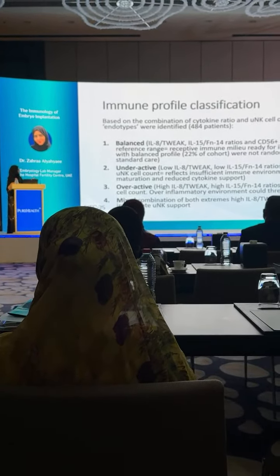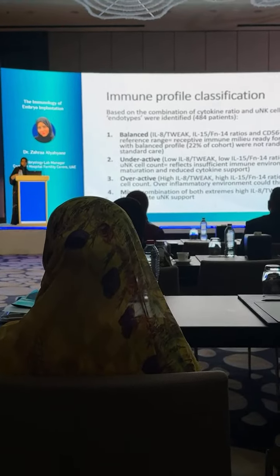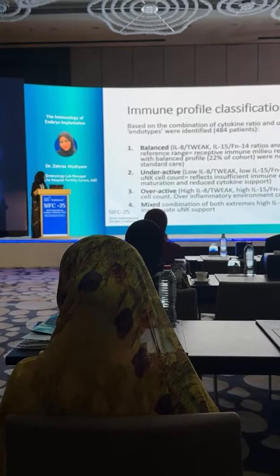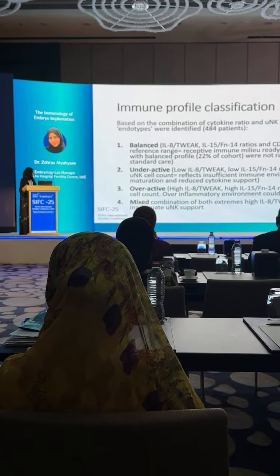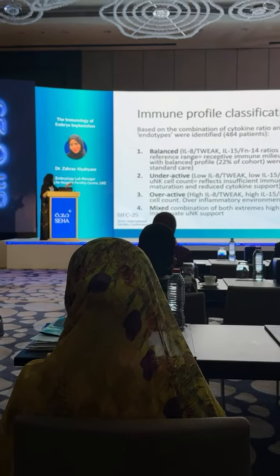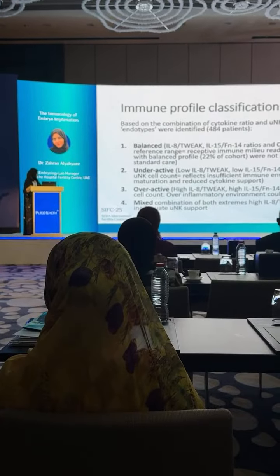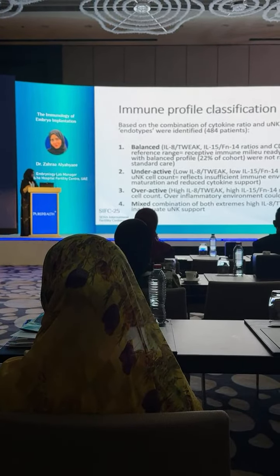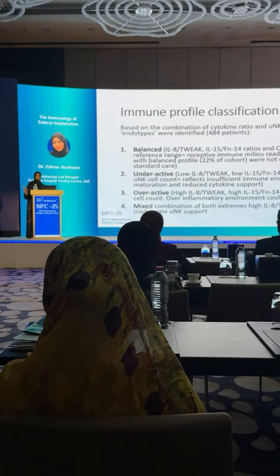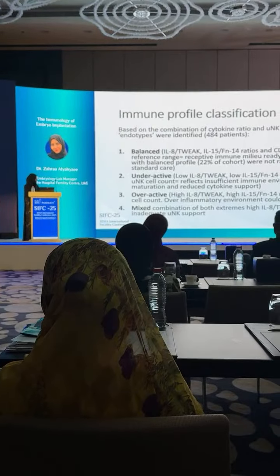For patients who had an overactive immune response, they tried to dampen the response to reach a neutralization stage of the immunity. They identified a mixed population where they couldn't distinguish between the immune responses, so they classified it as mixed, meaning that these patients had the two extremes, high plus low activity of uterine NK cell support.